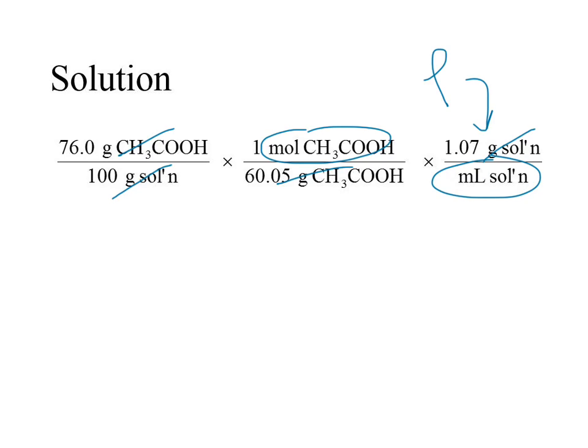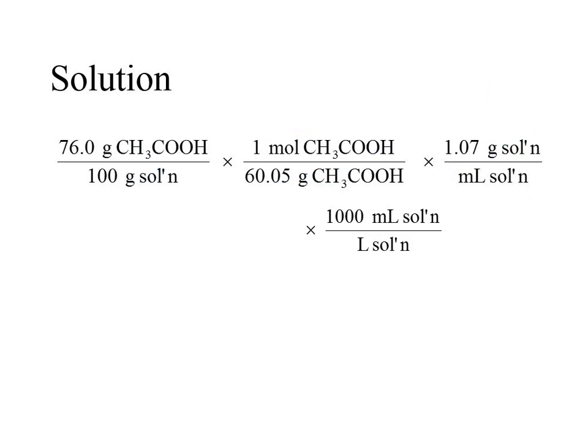And we're close. So now we can go ahead and fix the milliliters if we introduce what, 1,000 milliliters over 1 liter? 1,000 milliliters of solution over 1 liter of solution. Now it's looking pretty good.